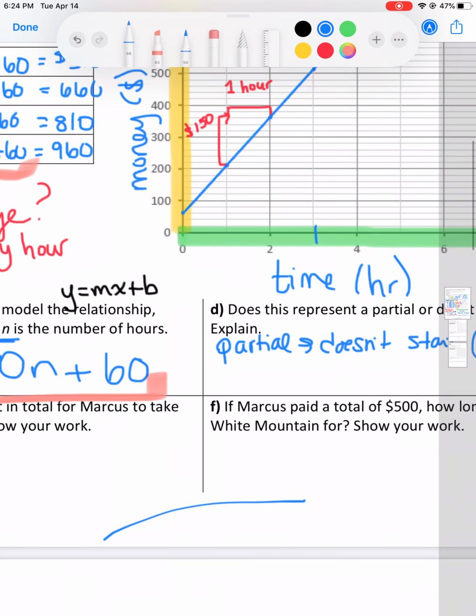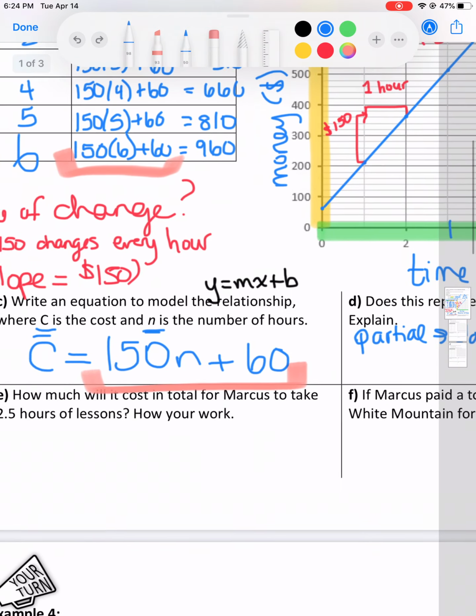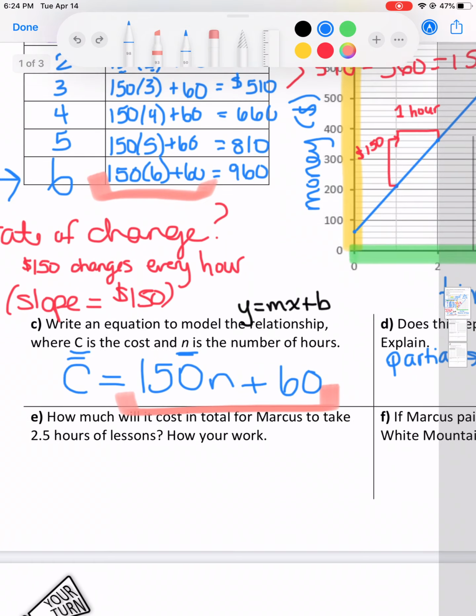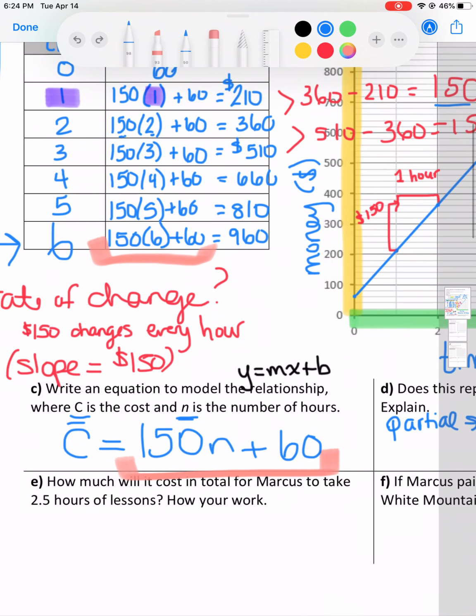So, how much will it cost in total for Marcus to take 2.5 hours of lessons? Show your work. We want 2.5 hours. We know 2.5 hours is between 2 and 3, so we know it's somewhere between $360 and $510.